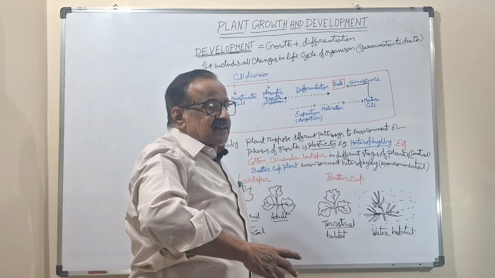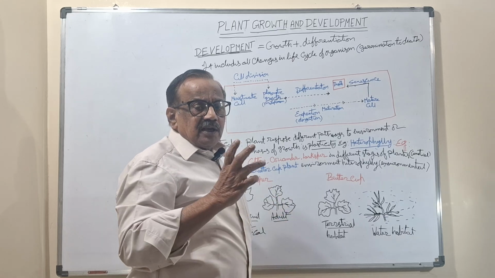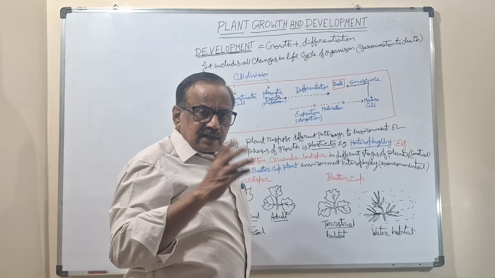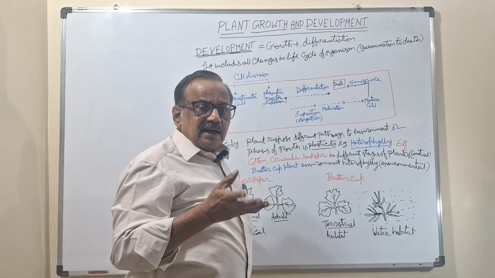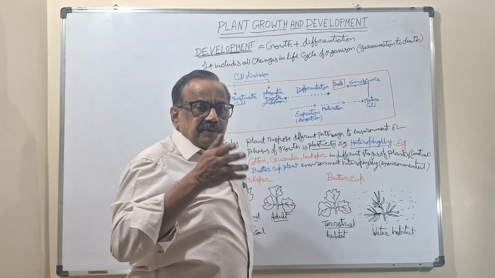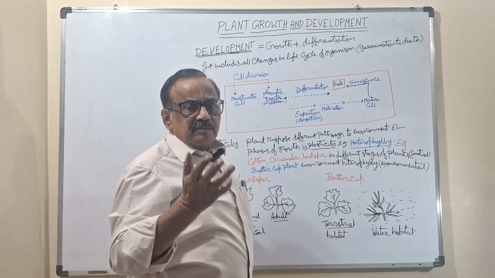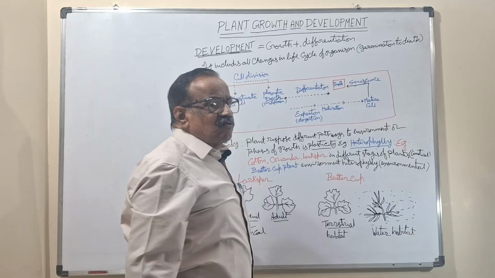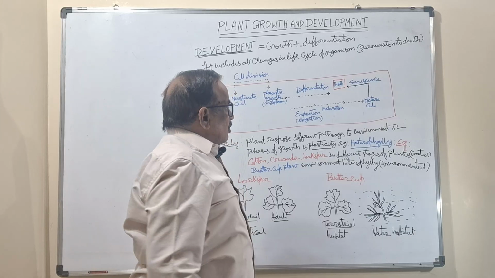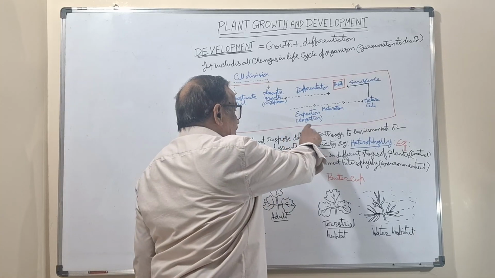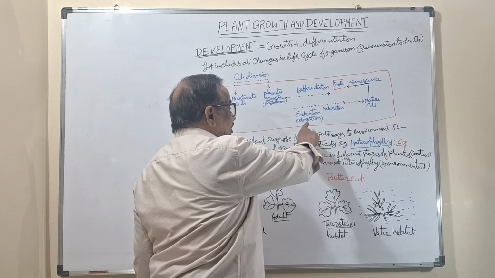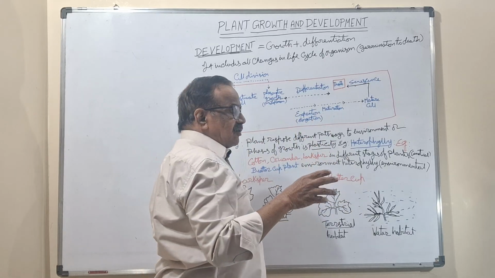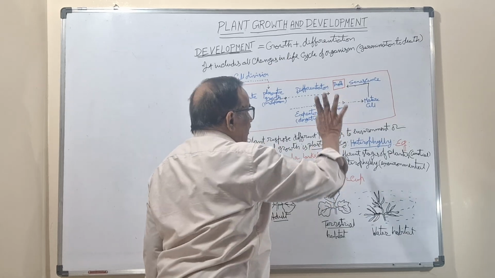Maturation means the cell goes into a tissue, maybe epidermal tissue, cortex tissue, or vascular tissue, whatever it may be. That is called maturation, and a mature cell is formed. The expansion and elongation happen by vacuolation, the cell size becomes very big, and then it goes to the maturation zone, where the cell becomes mature.